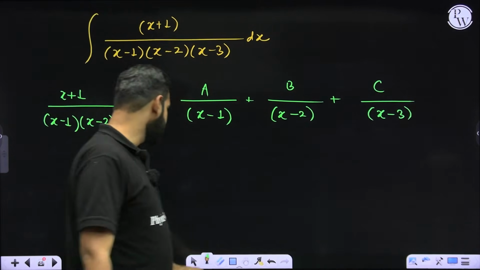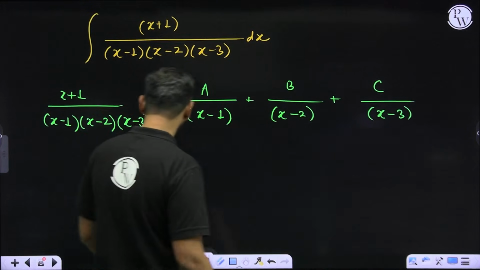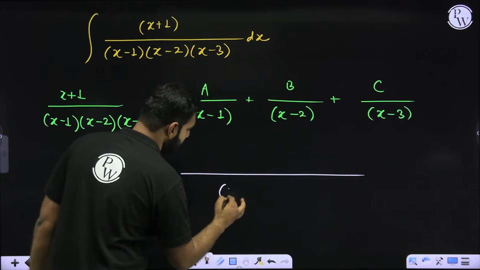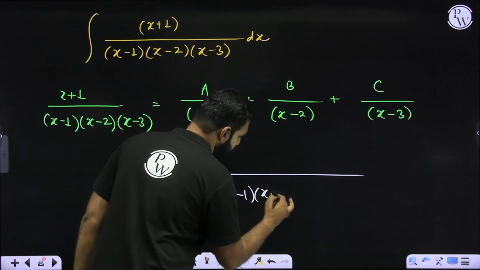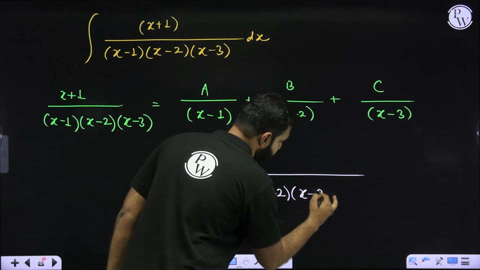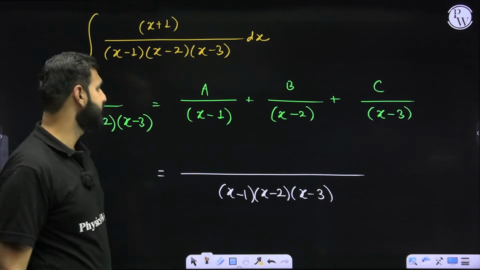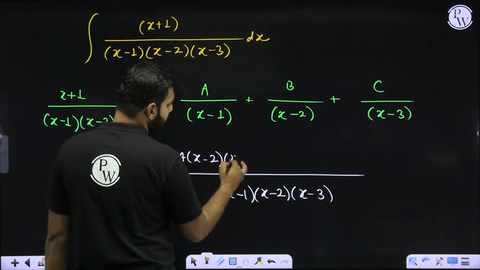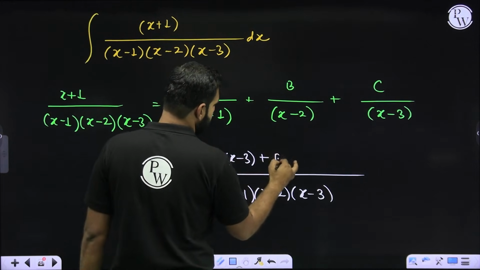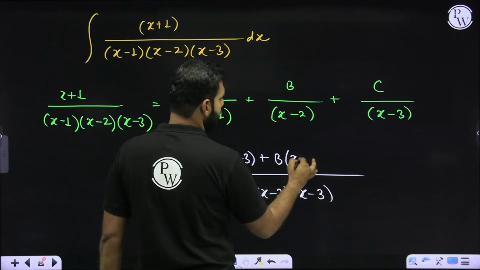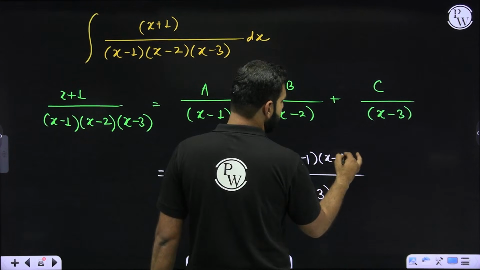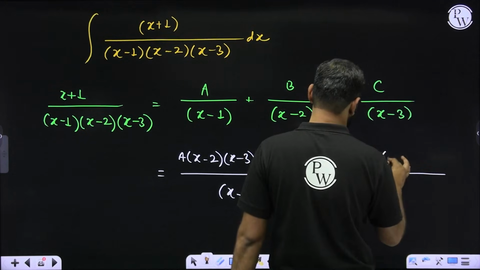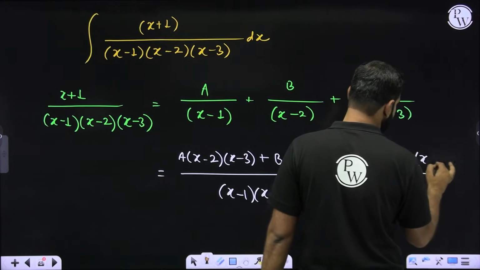Now, when you take the LCM on the left hand side, what you get is x minus 1, x minus 2, x minus 3. On the right hand side, you get a times x minus 2, x minus 3 plus b times x minus 1, x minus 3 plus c times, I hope you are understanding what I'm doing, x minus 1 times x minus 2.